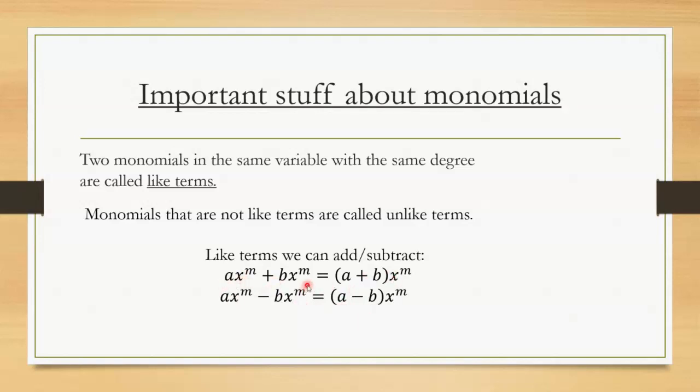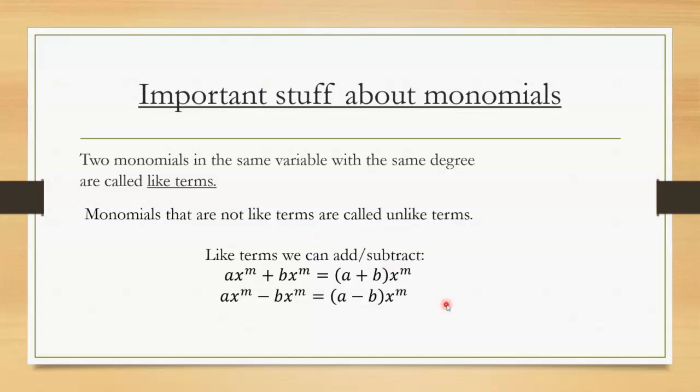These are like terms, right? The powers of x are the same. If the powers of x were not the same, so if this was m and this was something else, say n, then you couldn't combine them because they're not like terms. Okay, good.